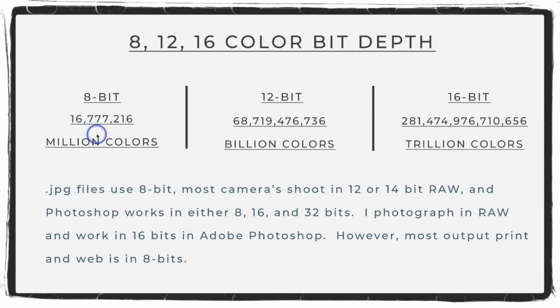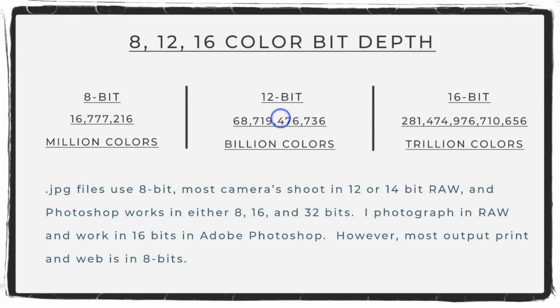Now, the trick with this is, yes, your final image that you output to the web or print is most likely still going to be an 8-bit image. However, if you edit in a 16-bit mode with whatever bit depth your camera is, as you manipulate that data, it's just going to be a smoother transition or a smoother gradation.